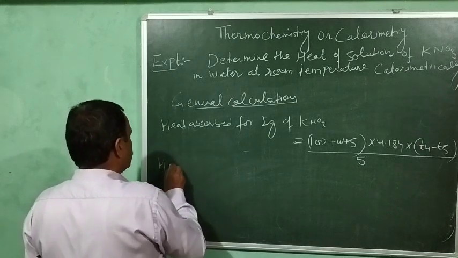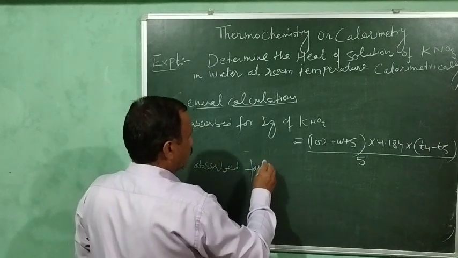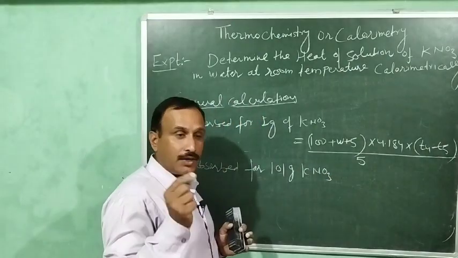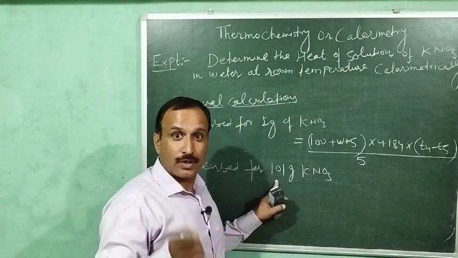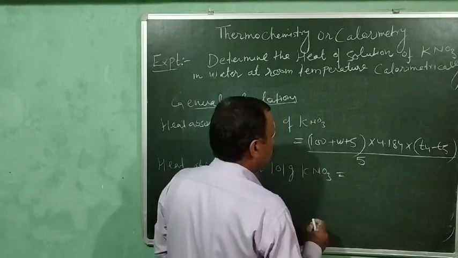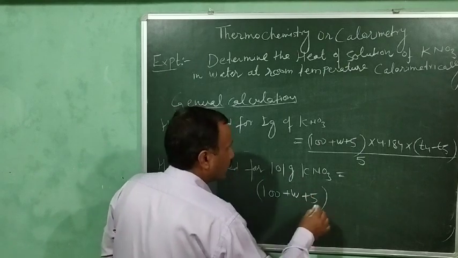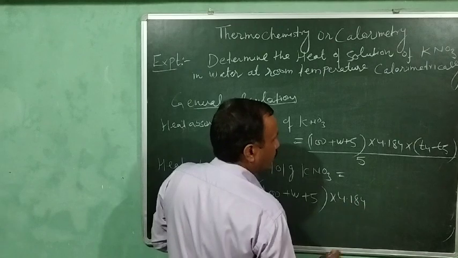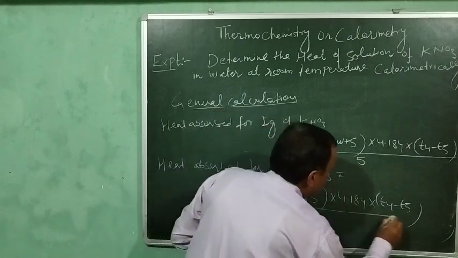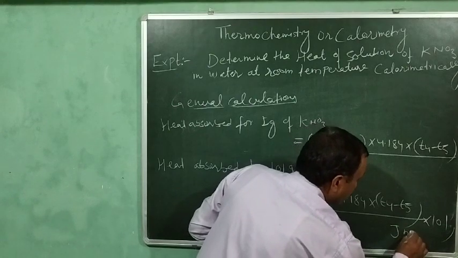and heat absorbed for 101 ग्राम पोटाशियम नाइट्रेट, जो क्या है, पोटाशियम नाइट्रेट का मॉलिक्यूलर मास, और वो होता है उसका 1 मोल। Heat absorbed for 101 gram of potassium nitrate will be equal to 100 plus W plus 5 into 4.184 into T4 minus T5 divided by 5 into 101 joule per mole.